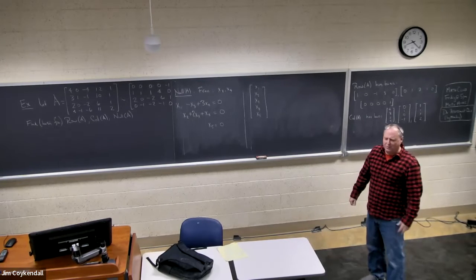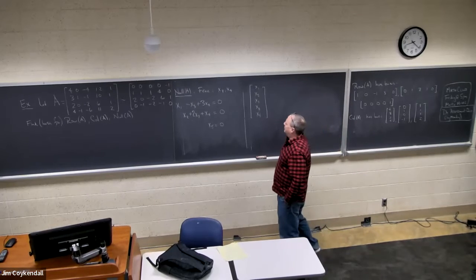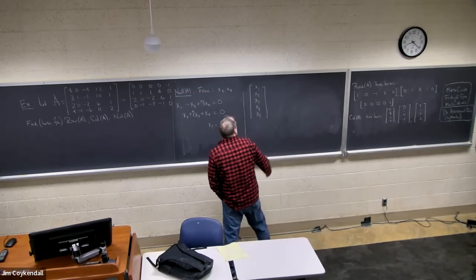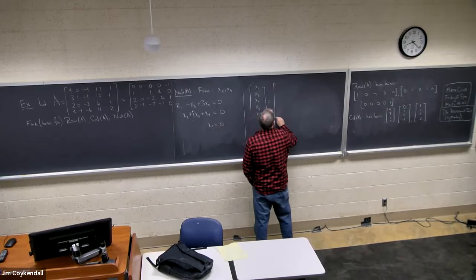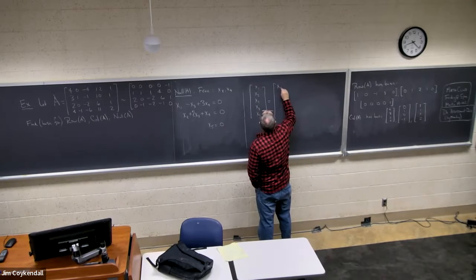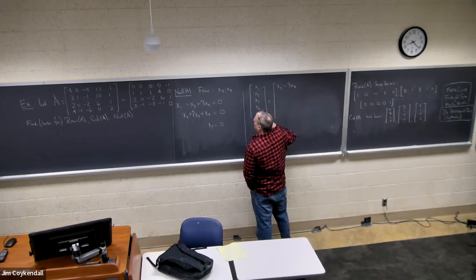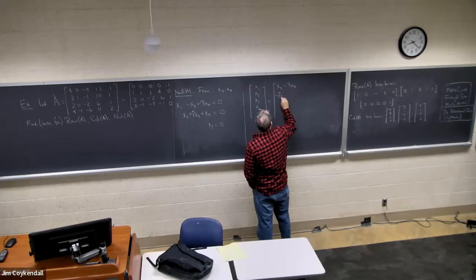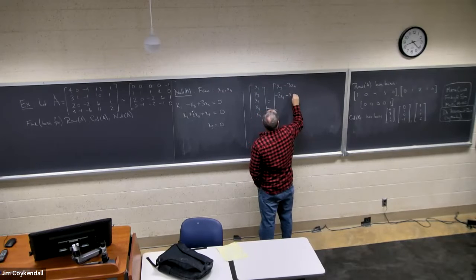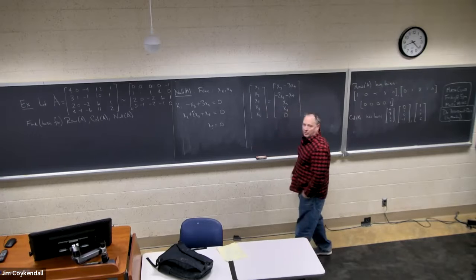I think I said earlier it's a subspace of R4. I seem to remember that. That was a mistake. It's a subspace of R5. So use these equations here. x1 is x3 minus 3x4. x2 is minus 2x3 minus x4. x3 and x4 are free, and x5 is 0 by the last equation.